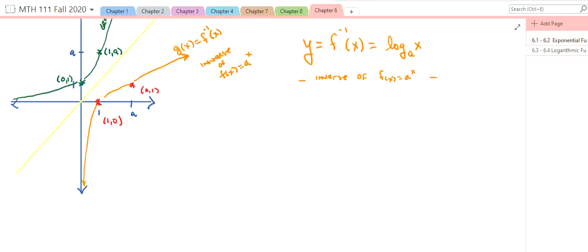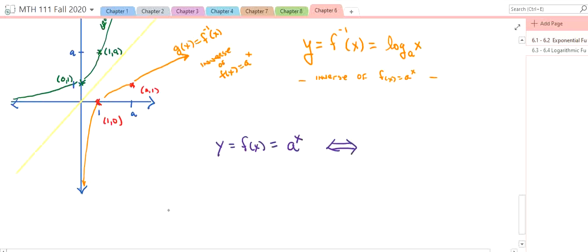Well, why is that the inverse? Why is that the way we'd write that function? Well, think of it this way. If you have y equals f of x equals a to the x, you can rewrite this as a log. Log base a, the same base, of y equals x.